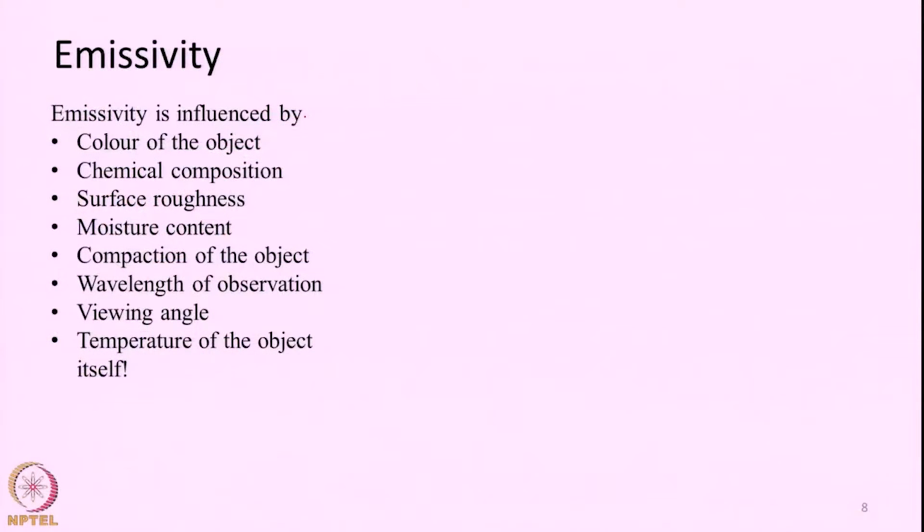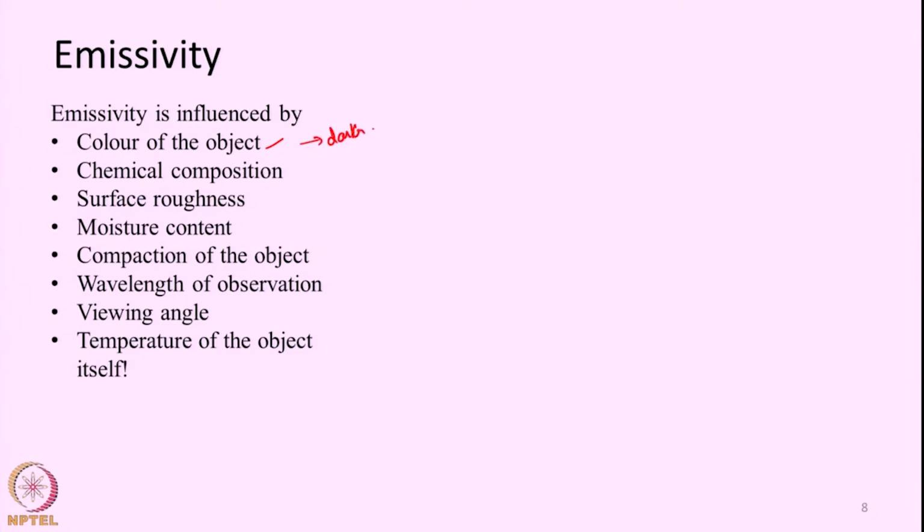In the last class we defined spectral emissivity and its importance, and based on spectral emissivity how objects can be classified. So, what are some important factors that control the spectral emissivity of objects, we will see now. Spectral emissivity is influenced by the color of the object.